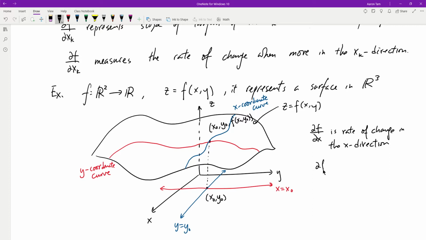And then df over dy is the rate of change, or if you want to think of it as the slope, in the y direction.